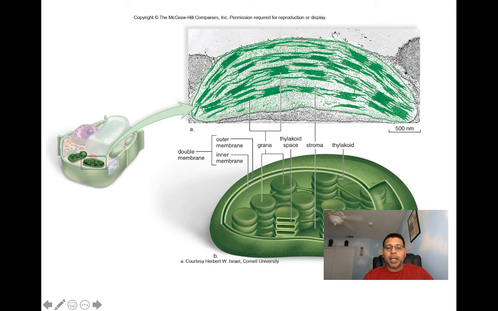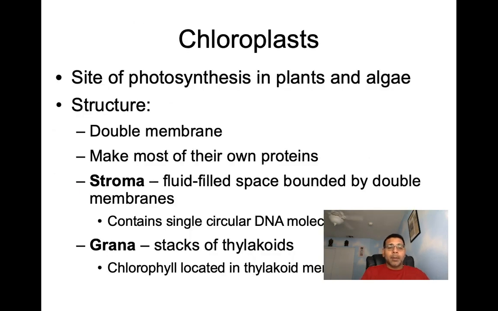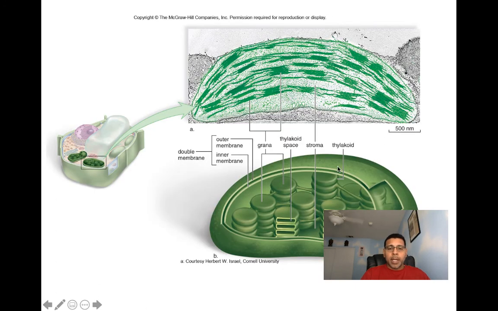We'll talk about that again as we progress. And inside you can see the thylakoid space. We're going to look at that in relation to photosynthesis. And then in the center of this chloroplast, you've got stroma. So these are a couple of energy-related organelles.